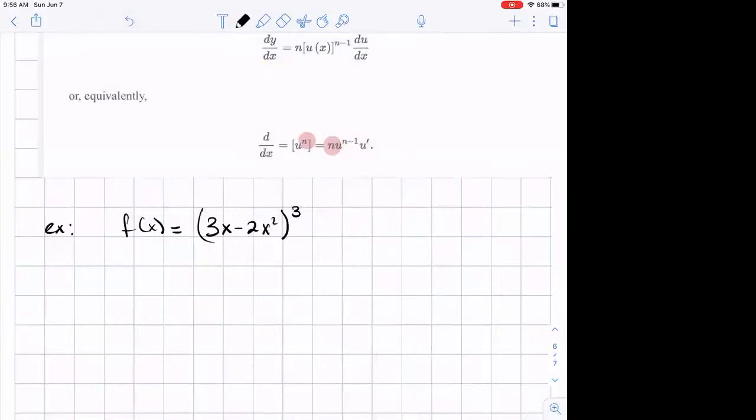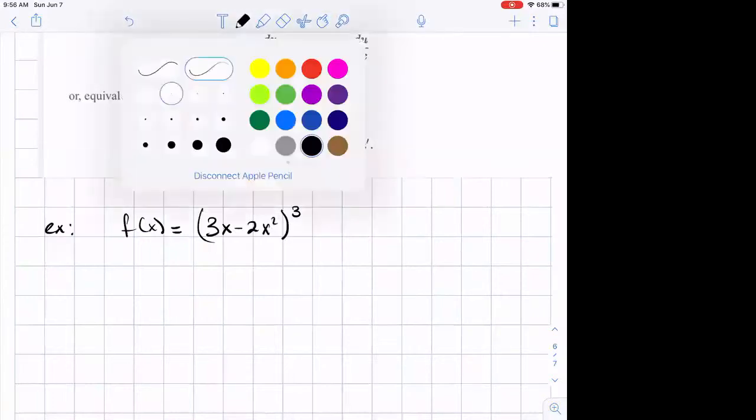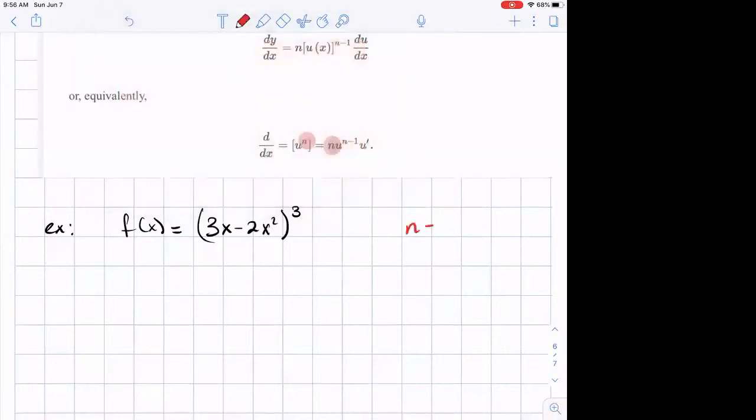What is n in this example? What is n? Isn't it 3? What is it? 3. Yes, I can hardly hear you. So n is 3, right? So this is my n.